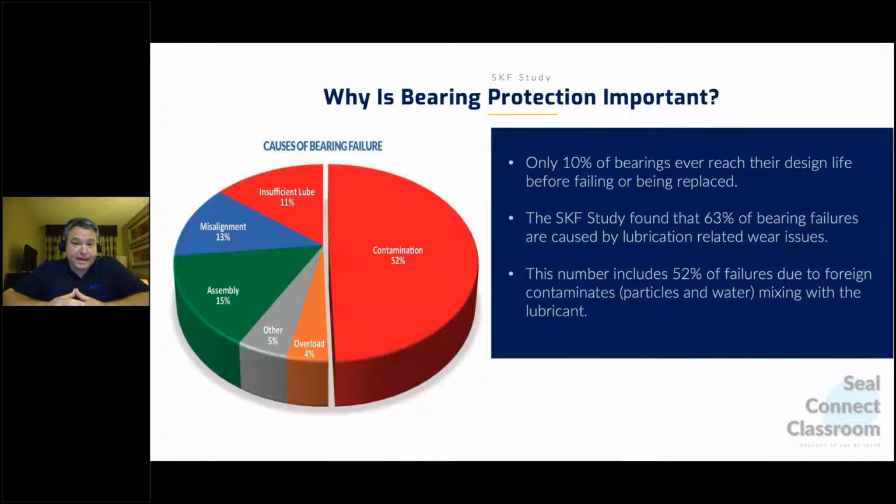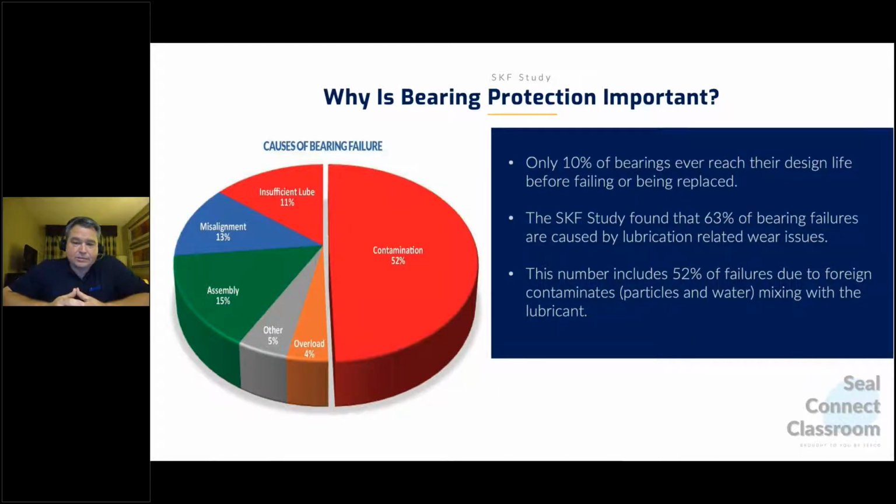They look at how many millions of revolutions a bearing will turn before failure, and they classify the bearing type by the point where 90% pass and 10% are failing. And so that is determining what the life expectancy should be.